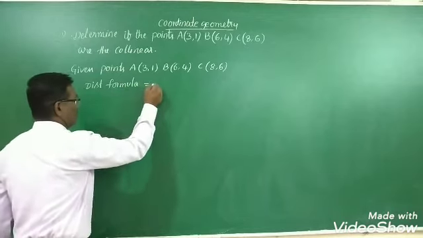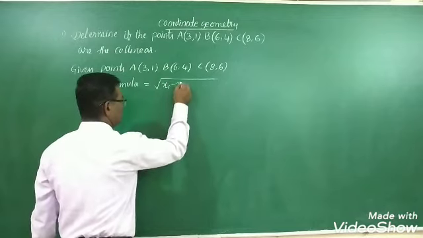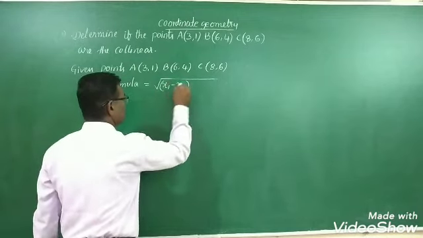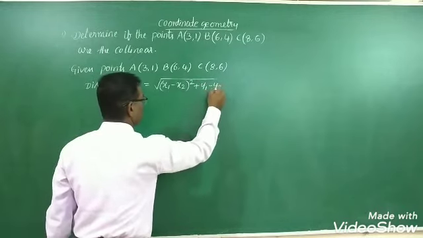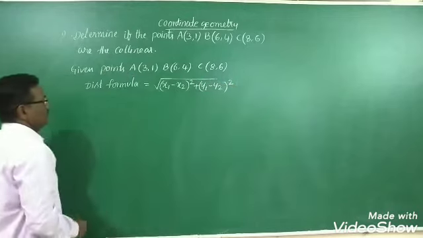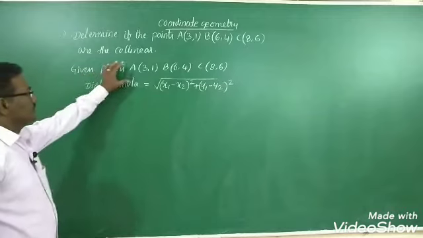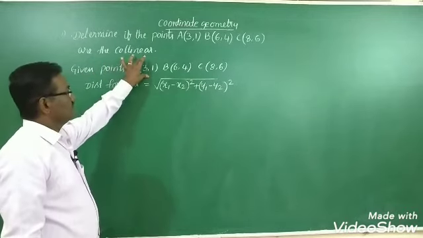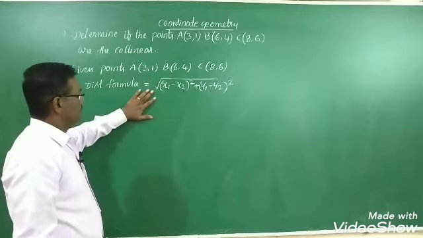Yes, you recall, square root of (x1 minus x2) whole square plus (y1 minus y2) whole square. So by using the distance formula, we are going to verify whether the given points are collinear or not.